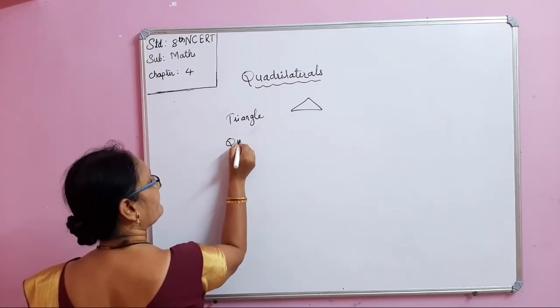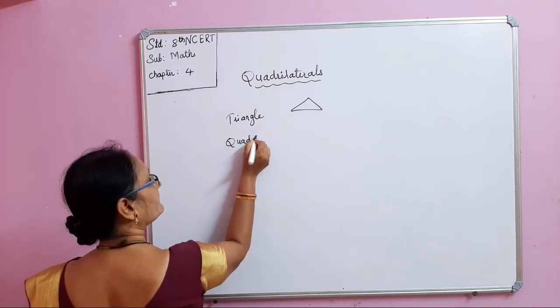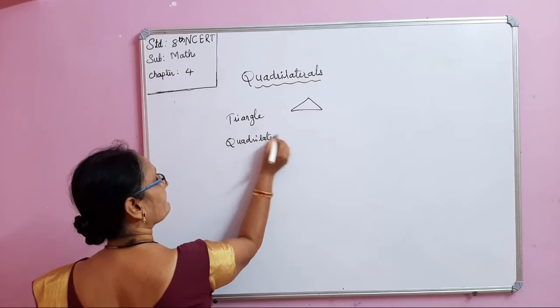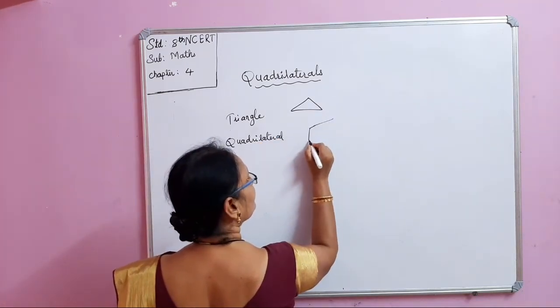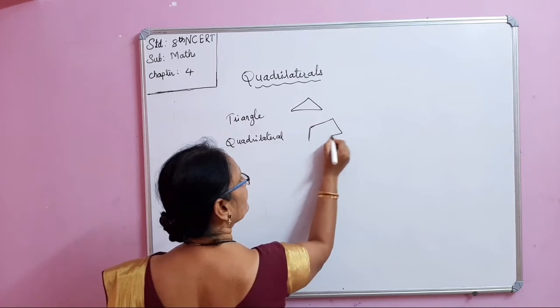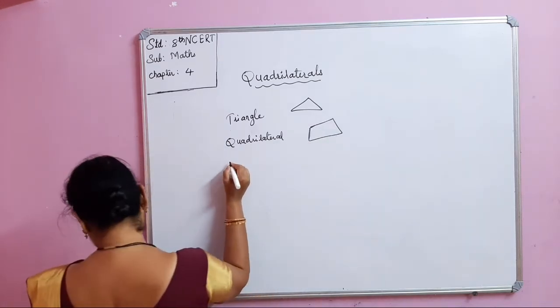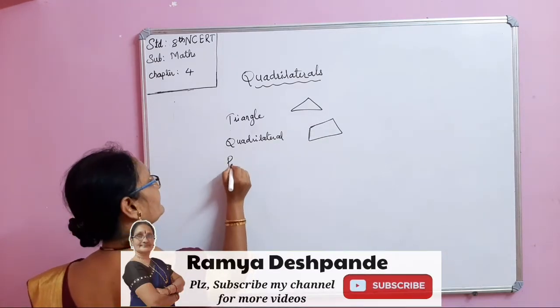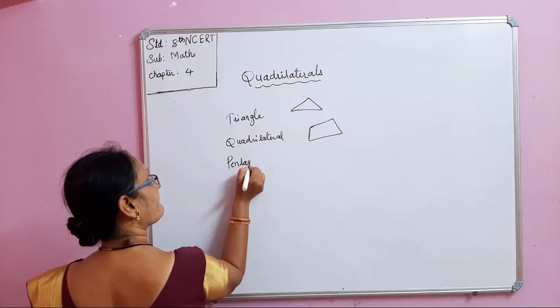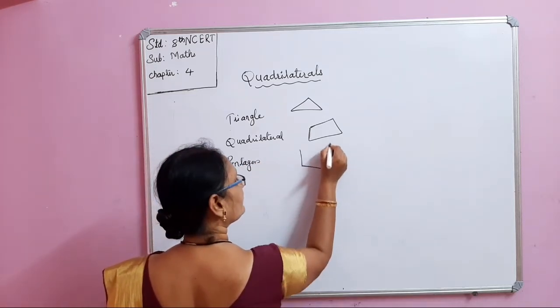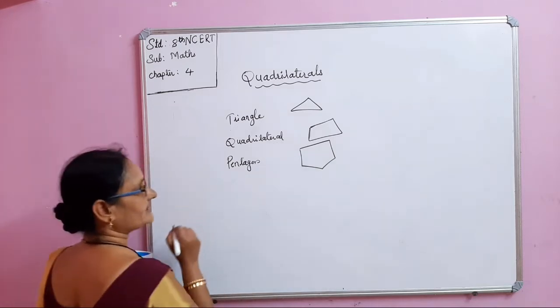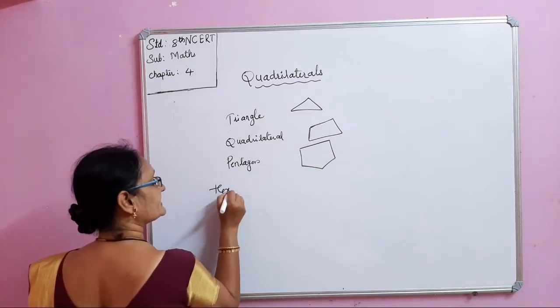How will it be? Any 4-sided figure. See, this is a quadrilateral. Then next comes the pentagon. See, 1, 2, 3, 4, 5. Pentagon.